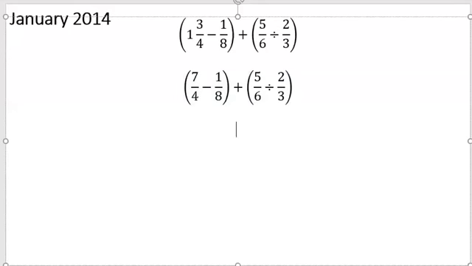So now for our first bracket, we will find the LCM, which is 8.